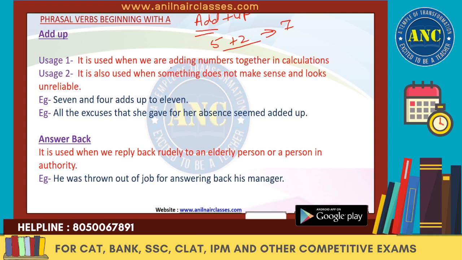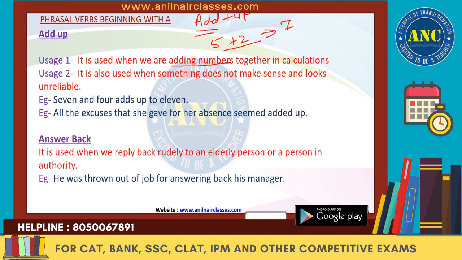So the first usage is when we are adding numbers together in calculations, like 5 plus 2, 7. But something when you add up, like you gave one advice, you start giving some excuse. It doesn't make sense. But you keep adding on some stories to show yourself as an innocent person, right? So that's again the second usage of add up. It is also used when something does not make sense and looks unreliable, right?